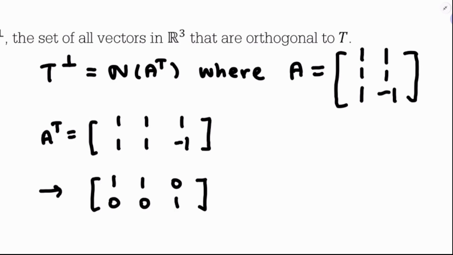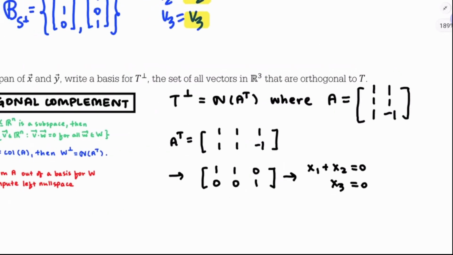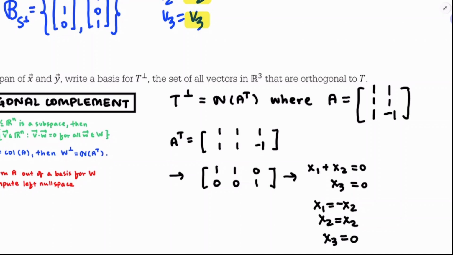Okay, the null space of the transpose is going to be x1 plus x2 equaling 0, and then x3 necessarily equaling 0. So that's going to be x1 equals the negative of x2. x2 can be anything, and x3 is the thing that has to equal 0.